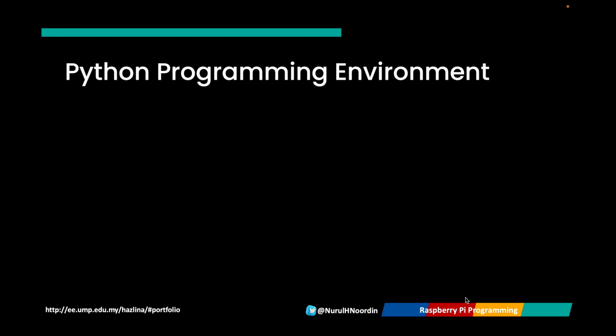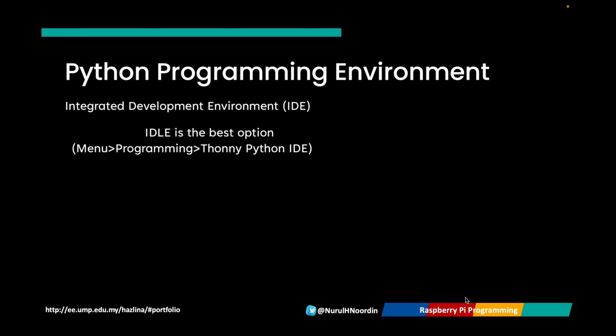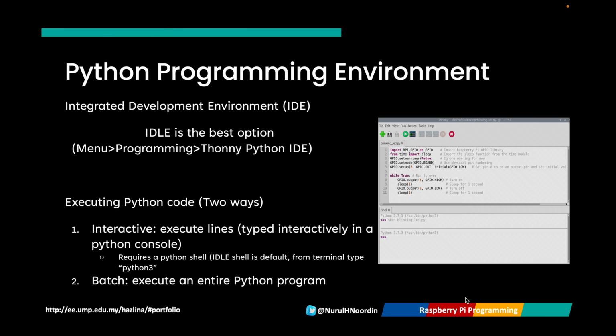Before we start coding our game, let's explore the different ways we can write and execute Python programs. Python provides two main environments, the interactive shell and the integrated development environment, IDE, like Thonny. The Python shell allows you to type and execute single-line commands interactively.